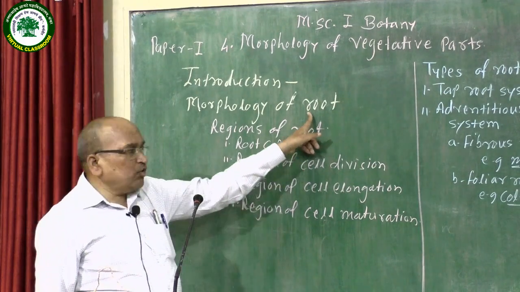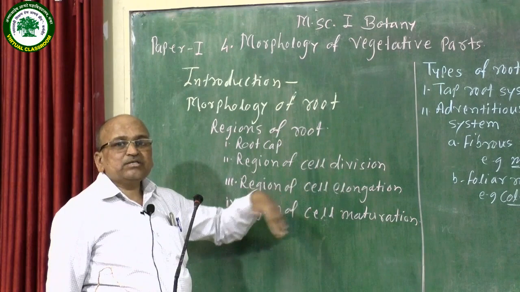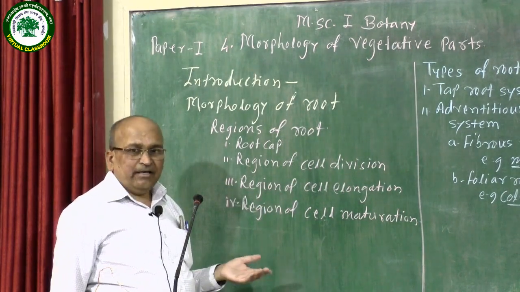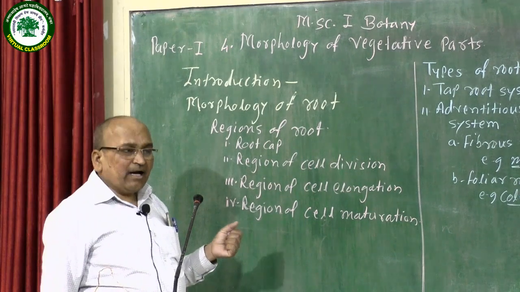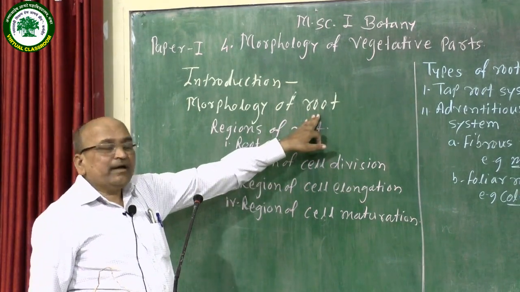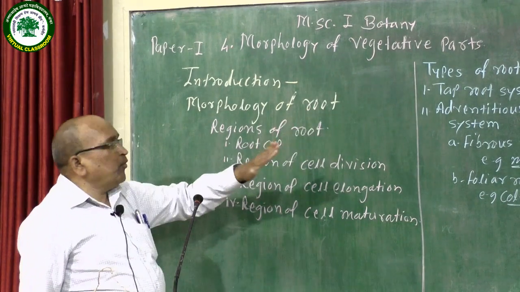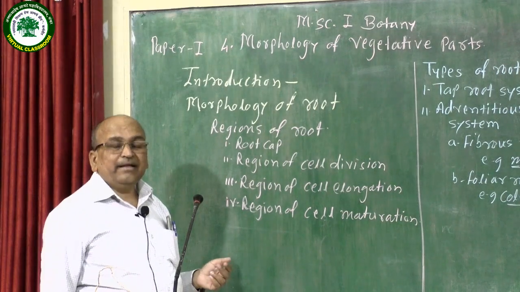It always grows towards the soil, or it grows inside the soil. It also grows towards the gravitational force. It is also called positively geotropic and negatively phototropic.